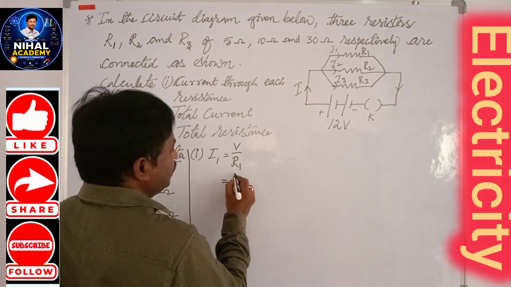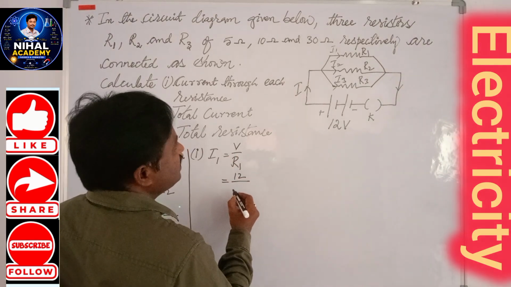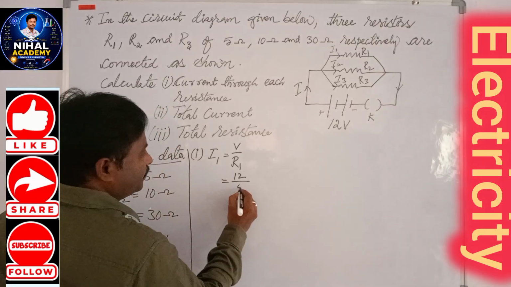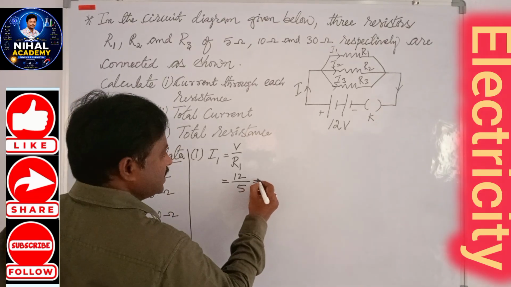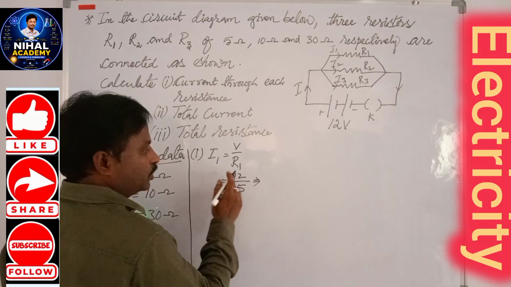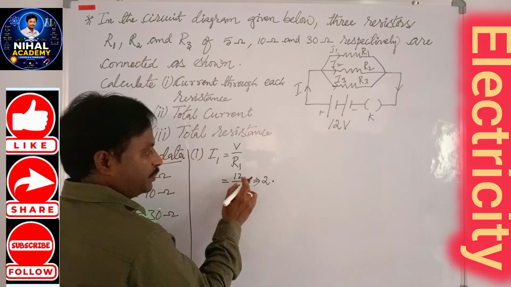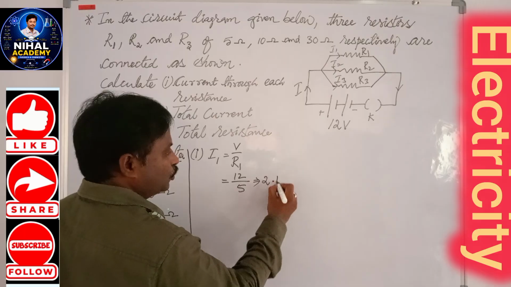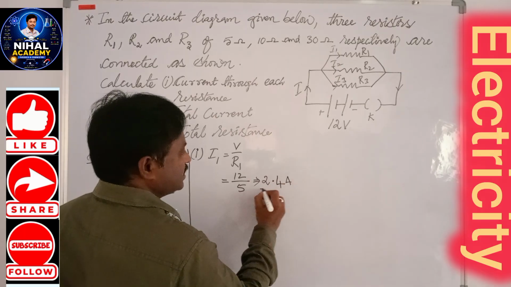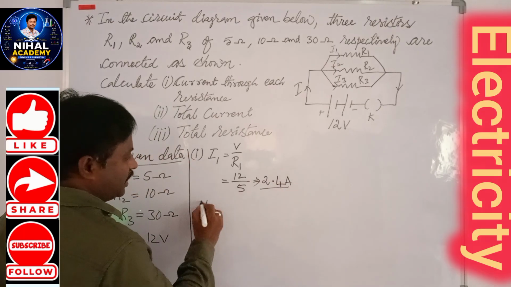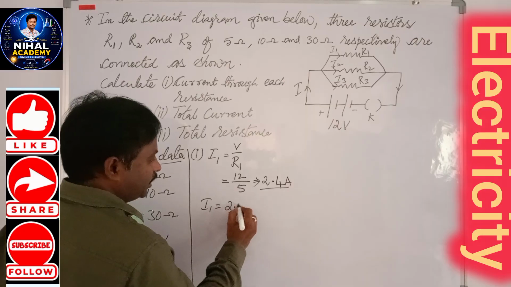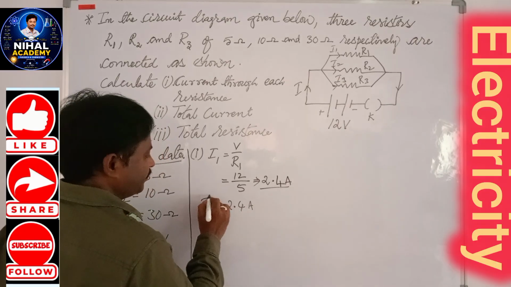What is that V value? 12 by R1, which is 5 ohm. So 5, 2 times is 10, and decimal. The remainder is 20. So 2.4 amperes. So I1 is equal to 2.4 amperes.